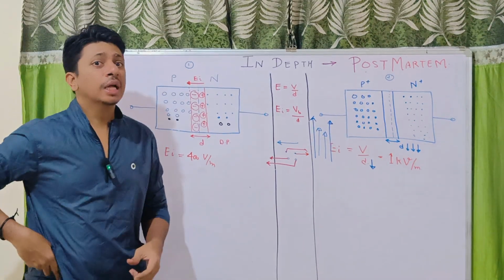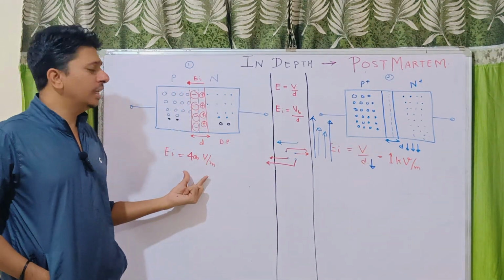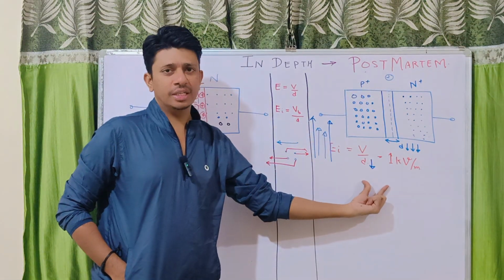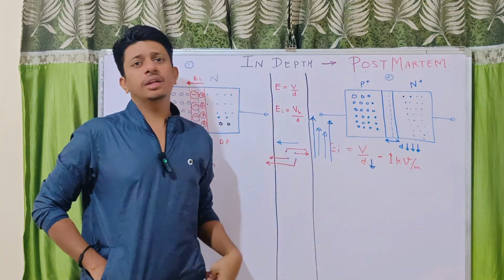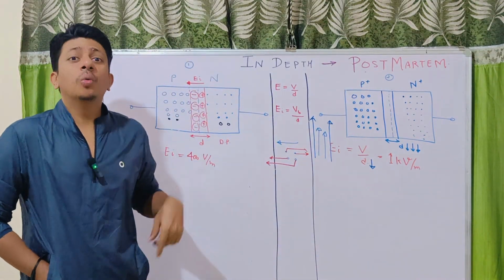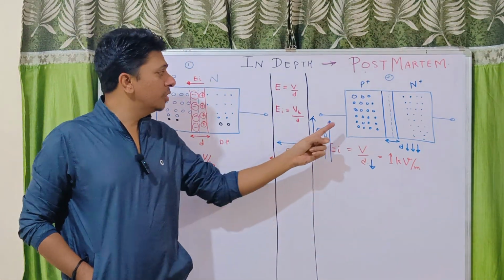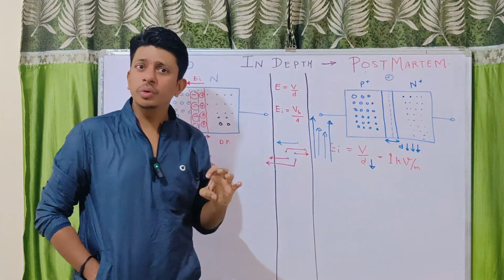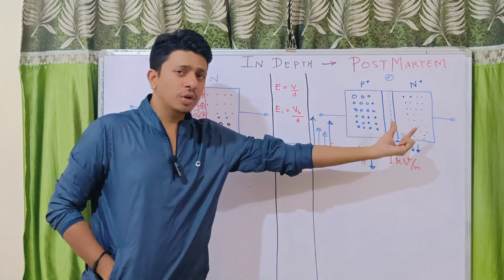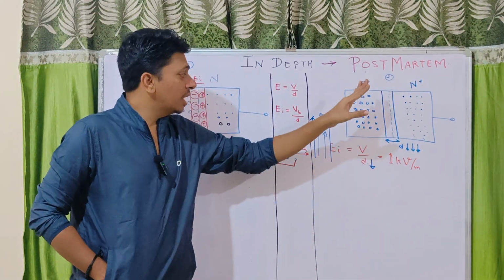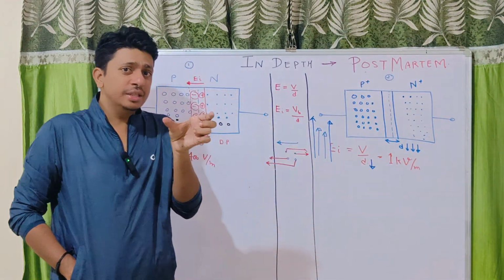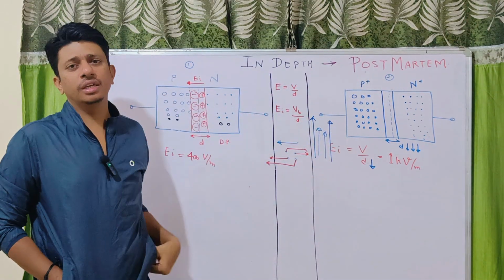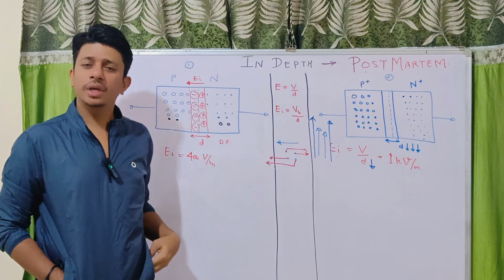Now tell me, in this case the internal electric field is high, or in this case the internal electric field is high? In this case the internal electric field will be high. Why is it high? Not only because of the large deal happening between the holes and electrons, because of the large number of holes and electron concentration, but also simultaneously this decrease in the depletion width results in more increment in the internal electric field. Got it?